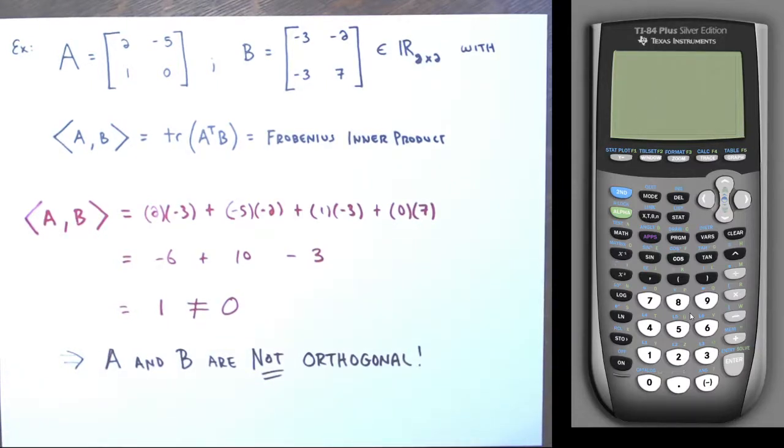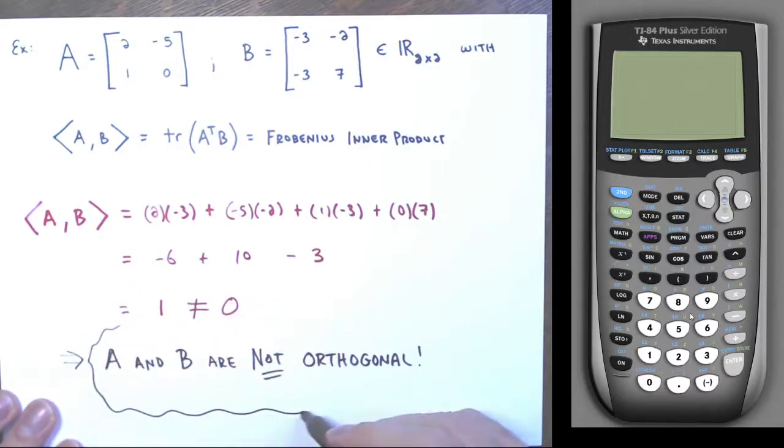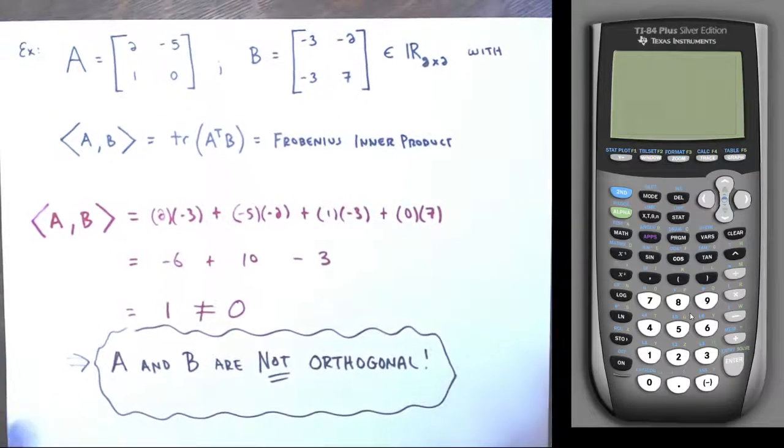Because if they're not orthogonal, I can't just normalize the vectors and make them orthonormal all of a sudden. So that's all I can really say. Their inner product isn't 0. So under this particular inner product, these vectors, these matrices in this case, are not orthogonal. All right, and that's that.